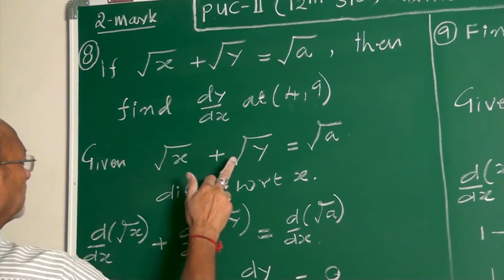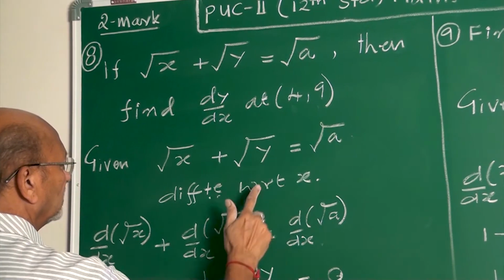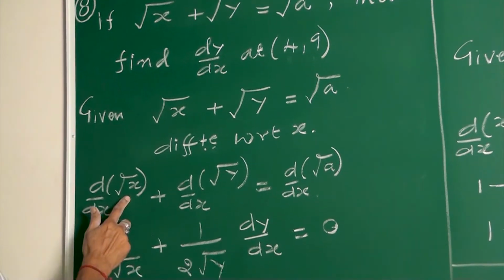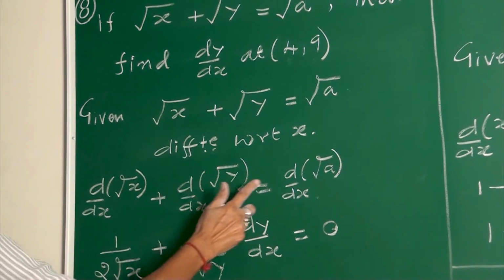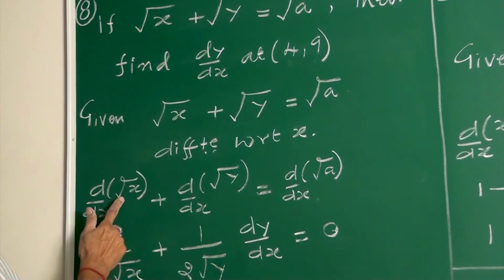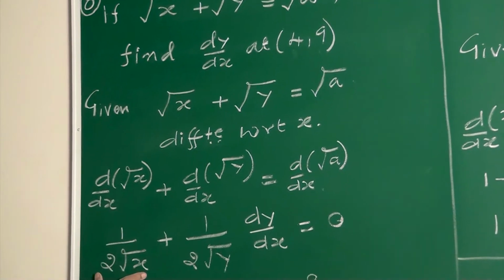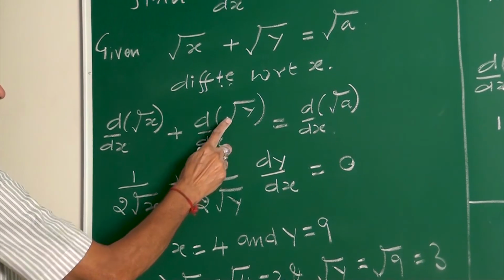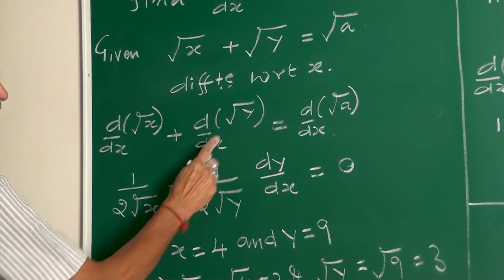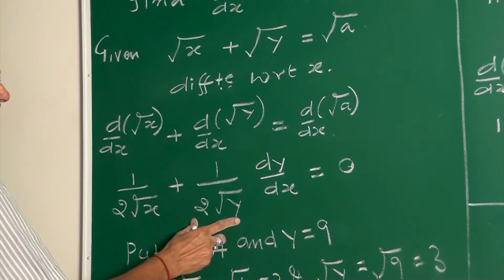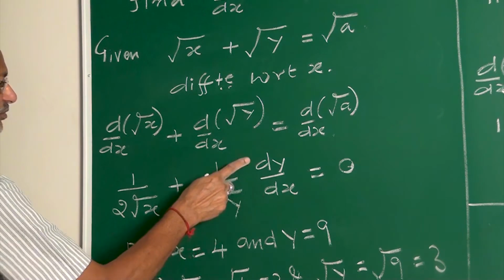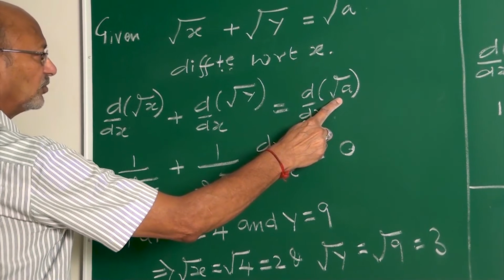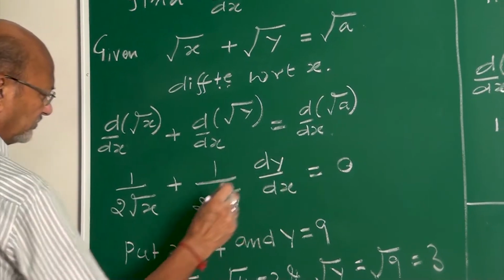Given root x plus root y equal to root a, differentiate with respect to x. Derivative of first plus derivative of second equal to derivative of RHS. You know, derivative of root x is 1 by 2 root x, plus first with respect to y: root y with respect to y is 1 upon 2 root y into derivative of y with respect to x, dy by dx. Root a being a constant, its derivative is 0.